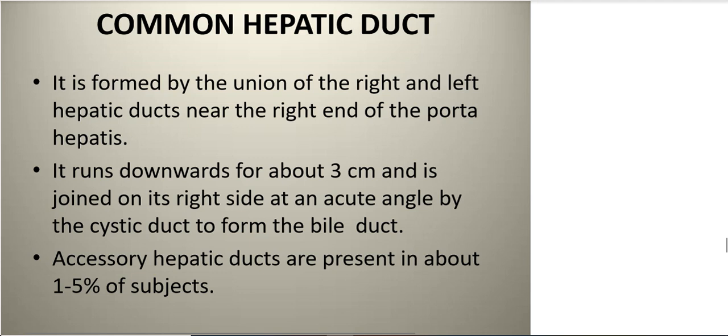Now the common hepatic duct. When the right and left ducts unite and form one duct, it is called the common hepatic duct. It runs downward for about 3 cm and is joined on its right side at an acute angle by the cystic duct to form the common bile duct.